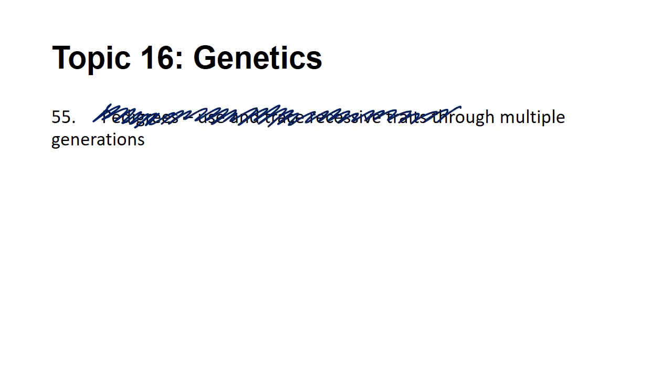But let me go ahead and take the time to mention another form of codominance, and that was called blood typing. If you've ever had your blood drawn, you can have A positive blood, AB blood, B negative blood, O positive blood.